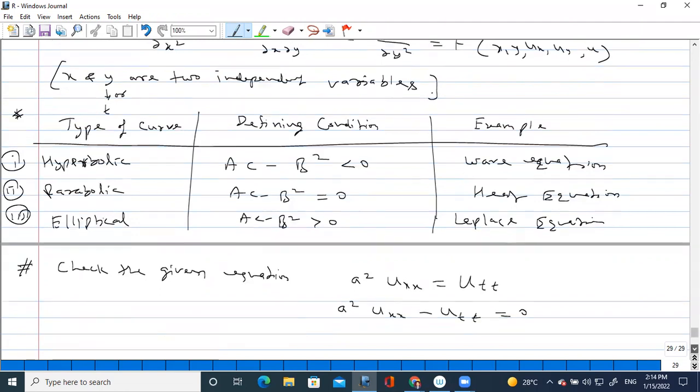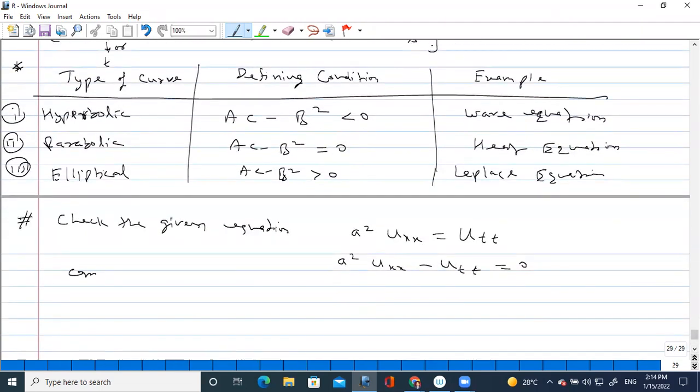So comparing with the standard general partial differential equation, here a will be a square, c will be minus 1.